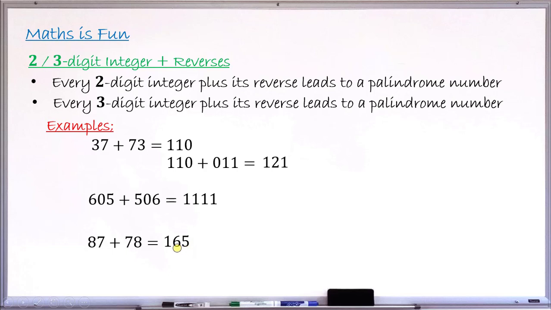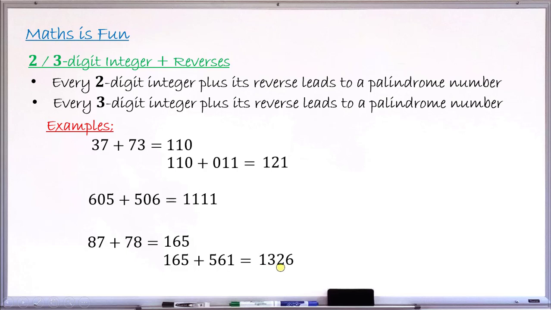This is not a palindrome. So you now reverse this number again and add. So 165, its reverse will now be 561. Adding 165 and 561, what you are going to have is 726. This is also not a palindrome. So now find its reverse also.